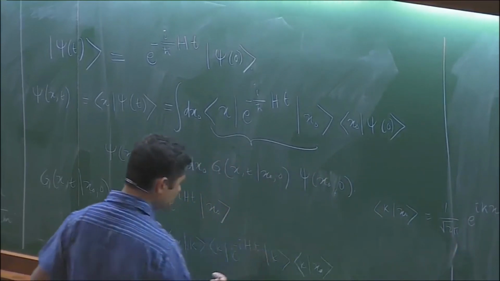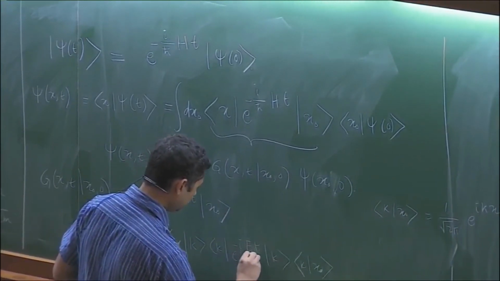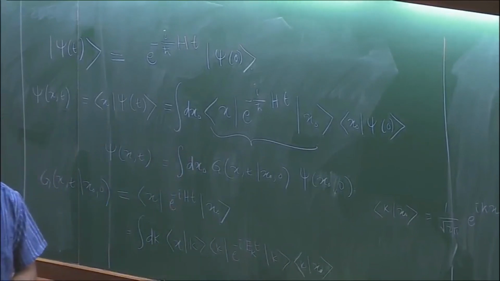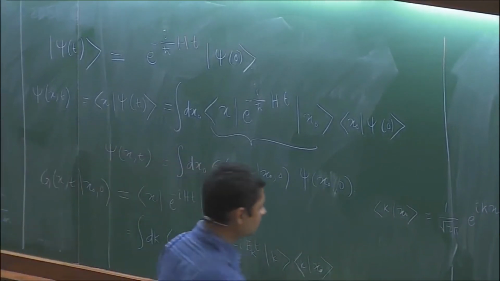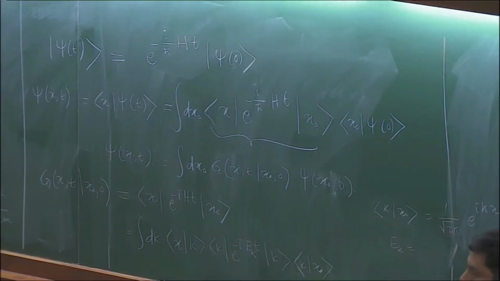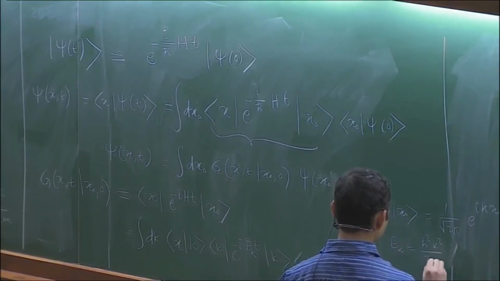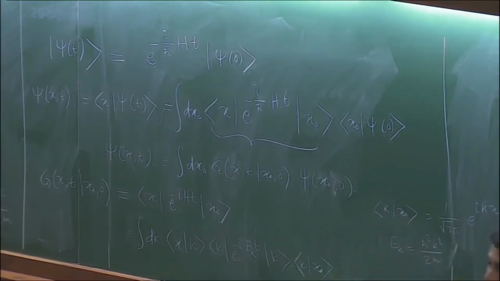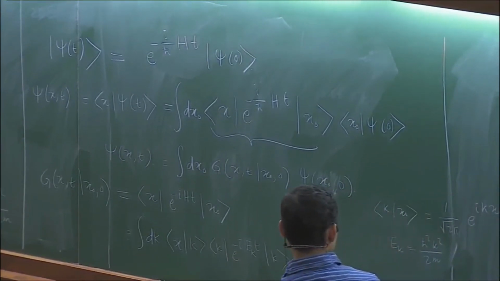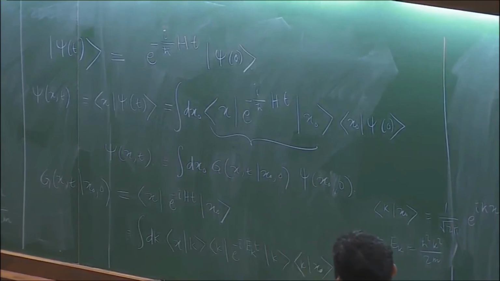So in fact, in the energy basis, this becomes E k, right? So what are the energies? So h cross square k square by 2m, right?